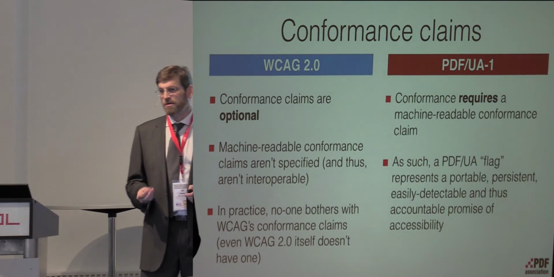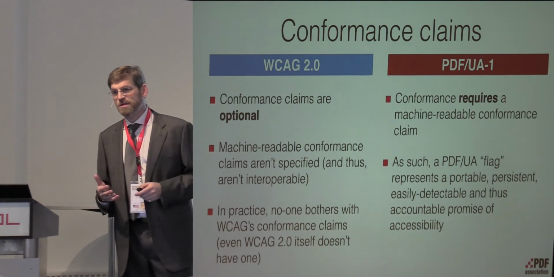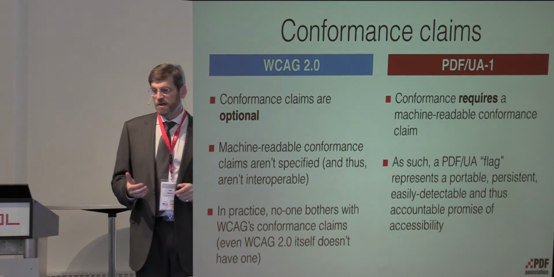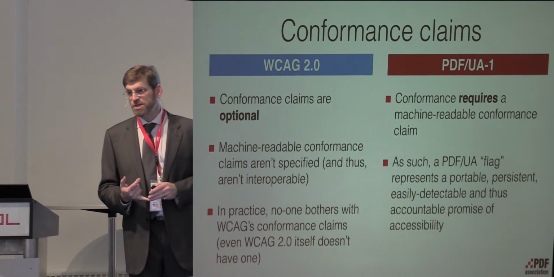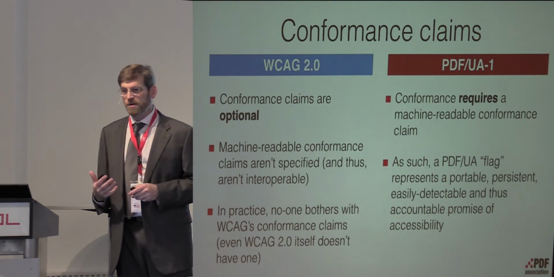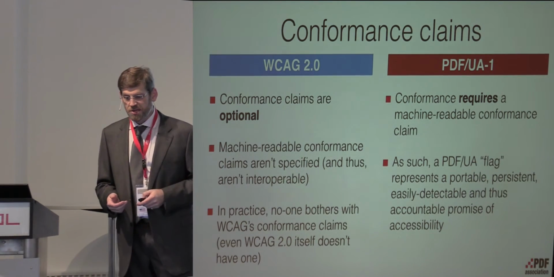Because that flag is there, the original author of the document is making an assertion that this file is accessible. And this is very valuable on several levels. To organizations that need to claim that their content is accessible and need to be able to do so in a lightweight manner that can be readily verified or controlled or managed by their own systems.